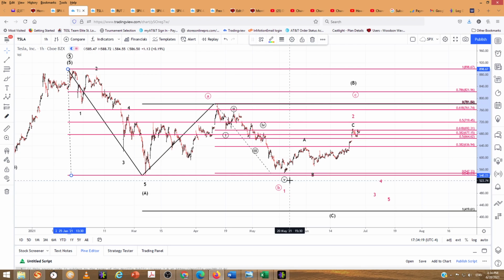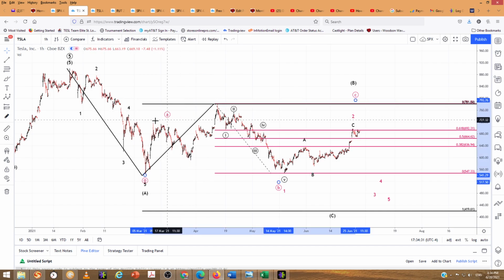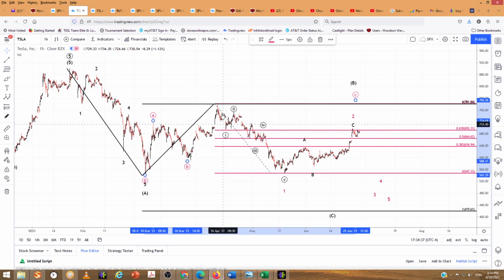This 5 waves down makes the count I had before more likely. I'm going to move this out. I just wanted to show you guys another way this could count. Let's move our A, B, and C back for future reference. But if this breaks above that April 14th high, I believe it was 780, then that other count over here, where 2 is still in play, actually plays out.